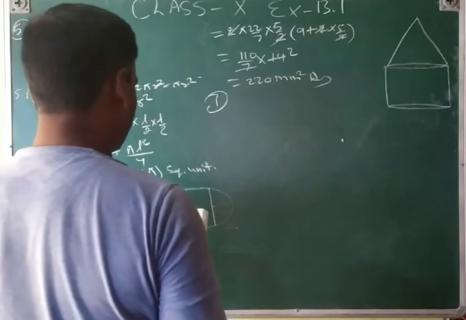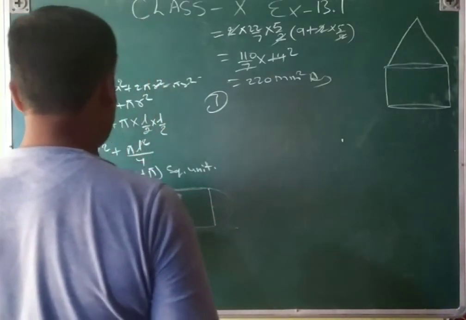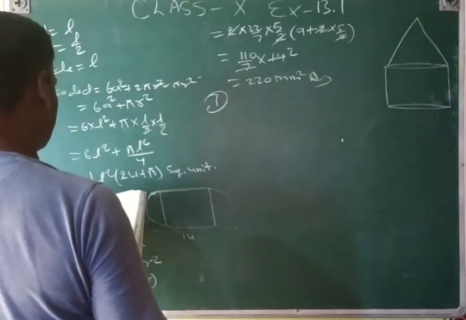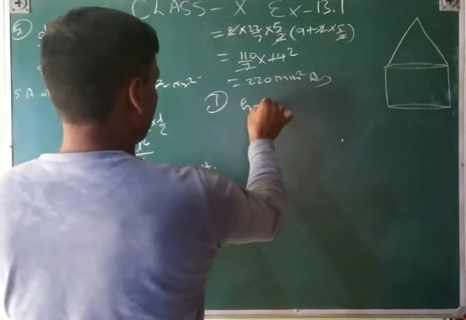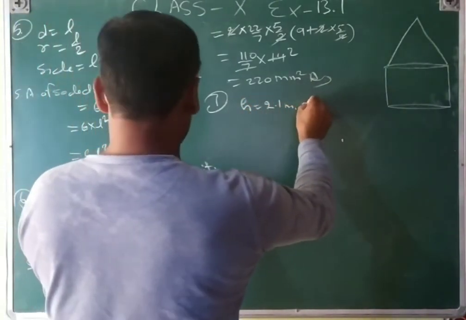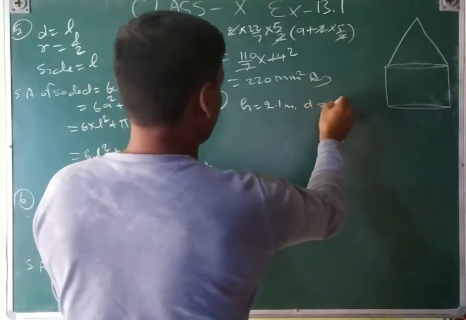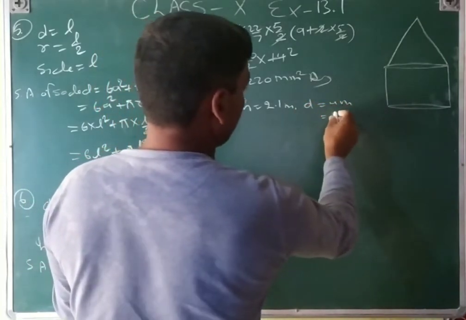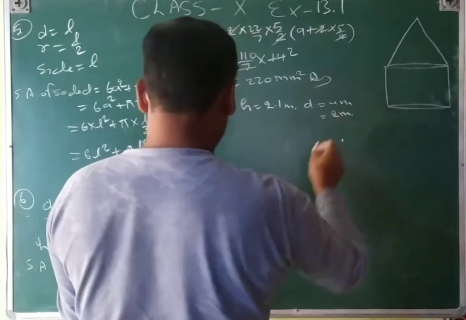If the height and diameter of the cylinder are 2.1 meter and 4 meter respectively, so height is equal to 2.1 meter and diameter is equal to 4 meter. So radius will be 2 meter.